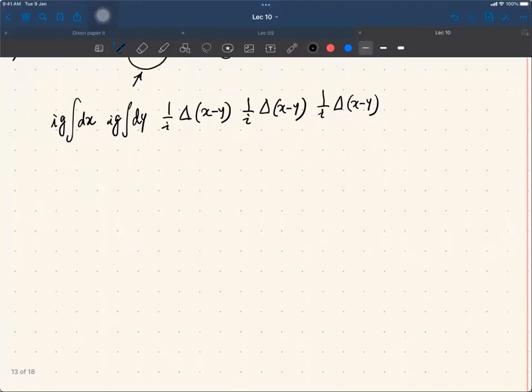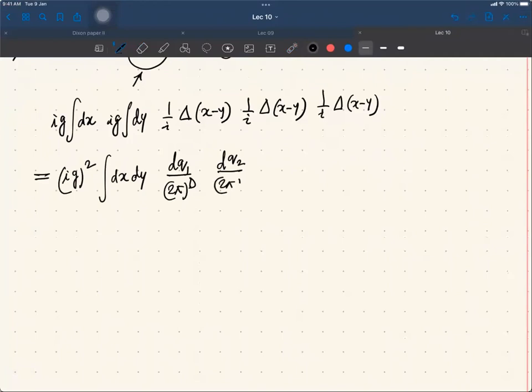Then we just write the delta x minus y in terms of its momentum space expression. So (Ig) squared integral dx dy. For each propagator, I introduce a momentum: dq1, dq2, dq3 over 2 pi to the power d.